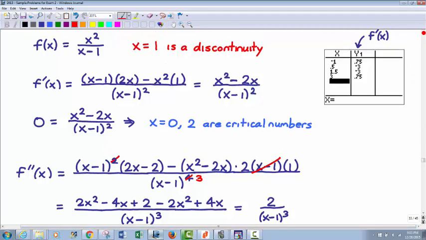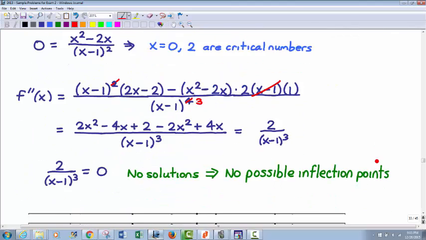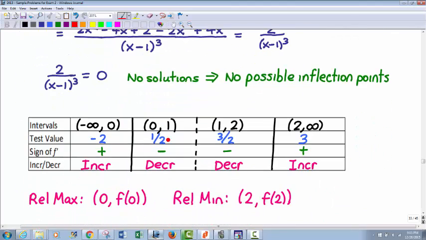It goes positive, negative, negative, positive. Increase, decrease, decrease, increase in those intervals. And then we would have a relative max at 0, f of 0, because we're going from increase to decrease at 0. Decrease to increase at 2 means a relative min. And then there we go for the first derivative.